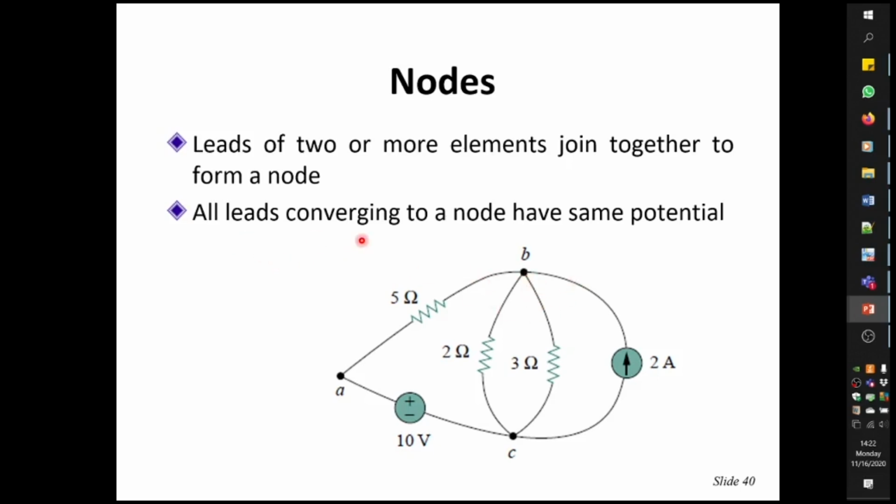All leads converging to a node have the same potential. So the potential at point B and the potential at point C, when you subtract them, give you the potential difference, or the voltage across the 2 ohm, 3 ohm, and the 2 ampere source. But all these 4 leads are at the same potential because all of them form the same node.